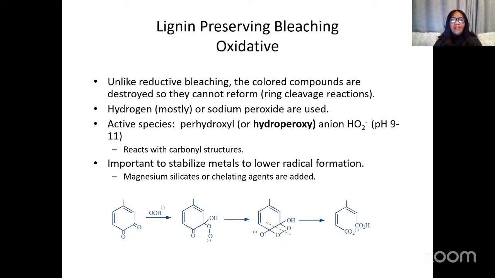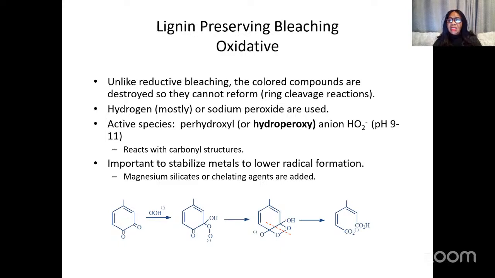So you see the chromophore there, and then the peroxy anion there, the active agent, now acting on the bonds there and breaking them.